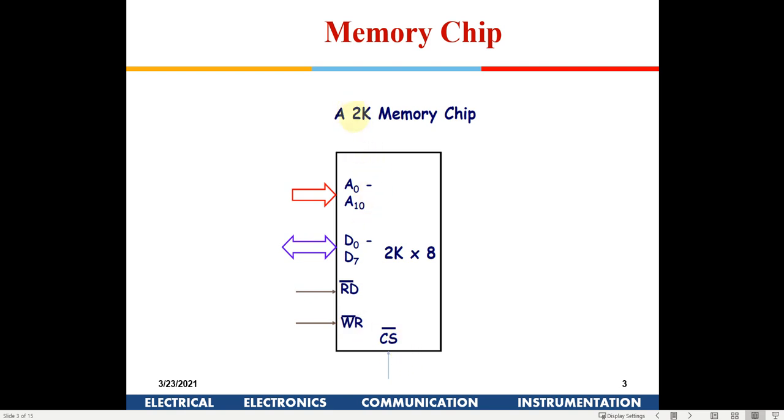When we say 2K memory chip, we specify 2K into 8. That means there are 2K different memory locations, and each memory location is an 8-bit memory location. This is how we specify a memory chip.